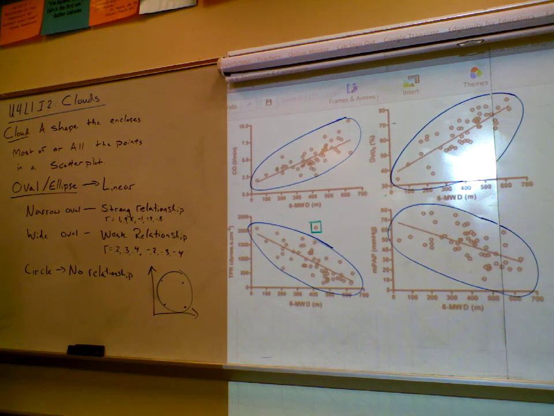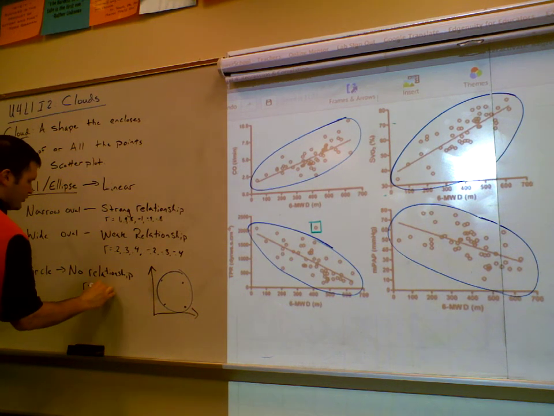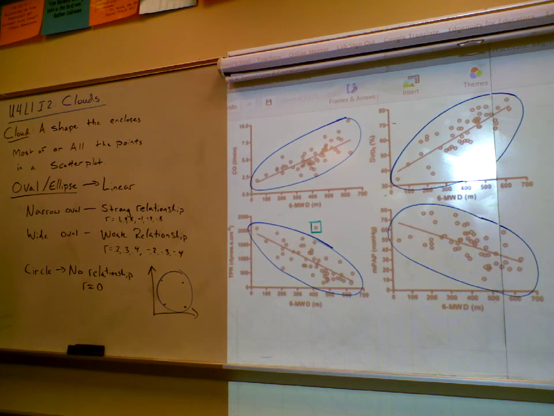A circle. Because there's no relationship there. Right? The closer you are to 0, the more circular the cloud will get. It's like -0.1, 0.1, 0. Those are your no relationship R values. So R is close to 0.